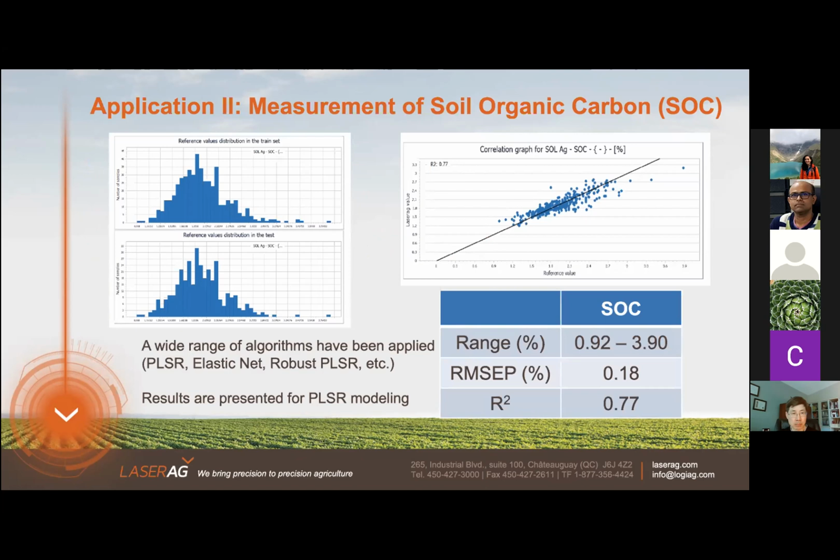Here you can see that the R-squared is almost 0.8, but we have very good accuracy, almost 0.2%. This data was generated using conventional PLS modeling, but for those kinds of measurements we also used different kinds of algorithms to improve the metrics of those predictions.